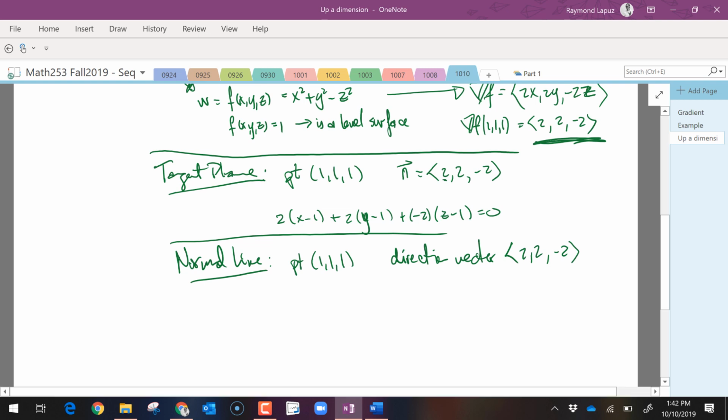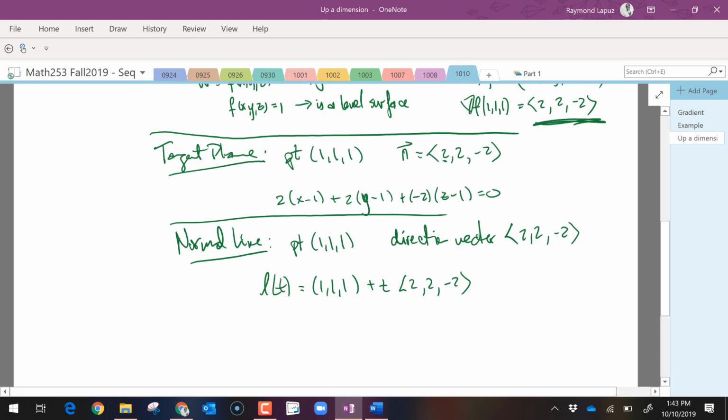So your line, equation for a line, since I've already used r of t somewhere, so let's use L of t, is equal to point plus t times the direction vector. And if I wanted to put this into the graphing program, I need to write it in parametric form.